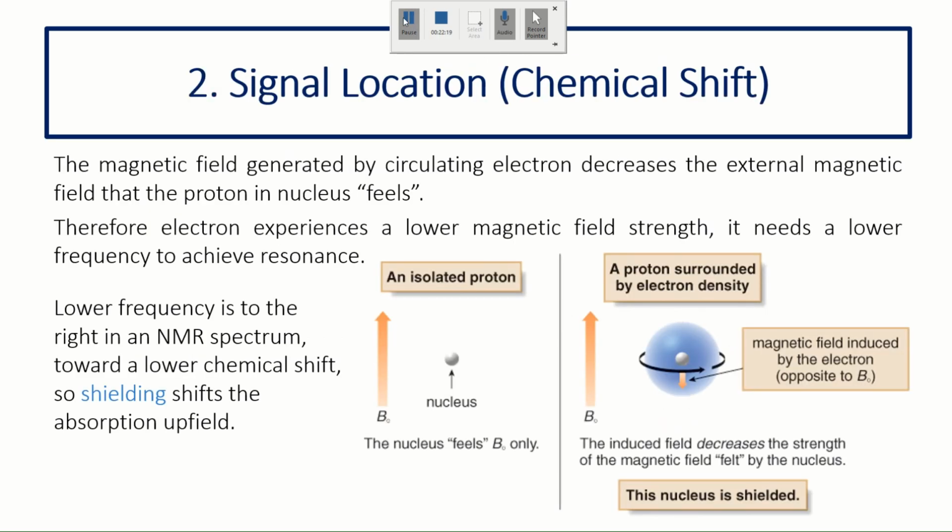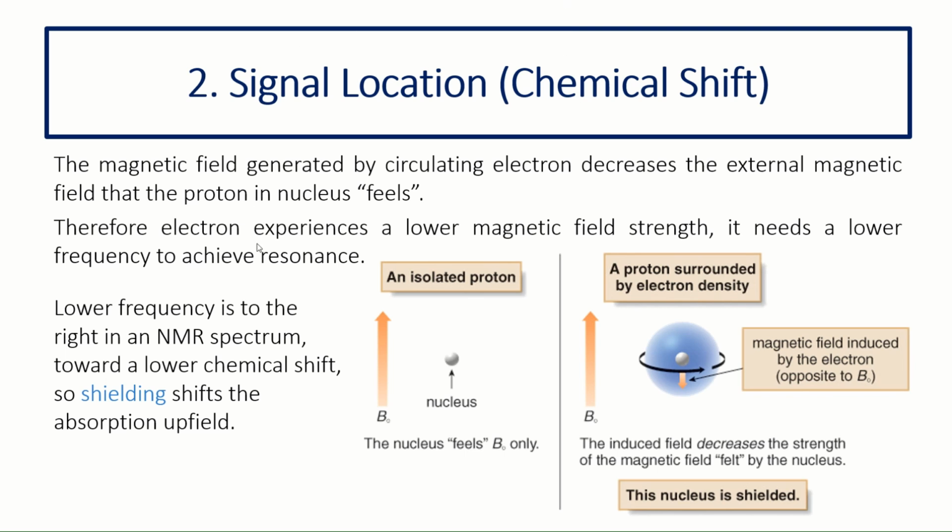So now we're going to talk about the chemical shift. I want to remind you of this diagram that we saw earlier, where the proton surrounded by the electron density will have these electrons spinning around it, and literally they create a magnetic field that opposes the applied field.